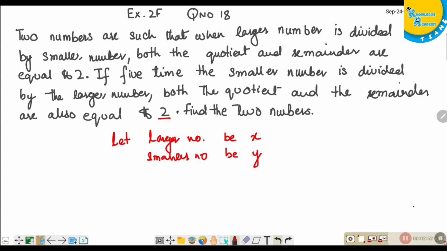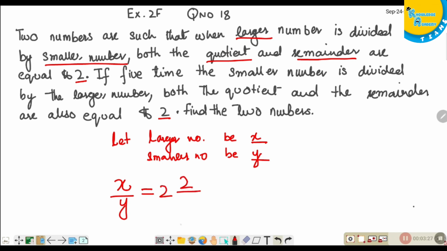Okay, now the first condition that was given to us: the two numbers are such that when the larger number is divided by the smaller number, that means when x is divided by y, both the quotient and the remainder are equal to 2. So I'm going to write this down. Now let's get to the second condition.